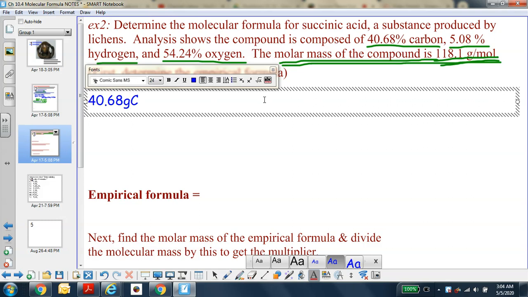We want to convert it to moles, so we're going to multiply by 1 mole carbon divided by the mass of carbon, which is 12.0 from the periodic table. And that comes out to be 3.39. We want to keep 3 significant digits, and we have to now round so that we get 3 significant digits, 3.39 moles of carbon.